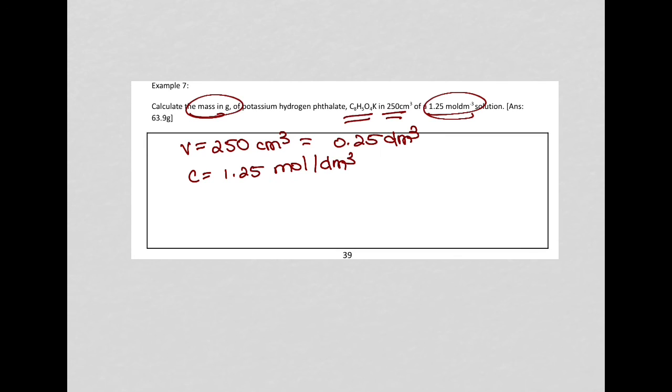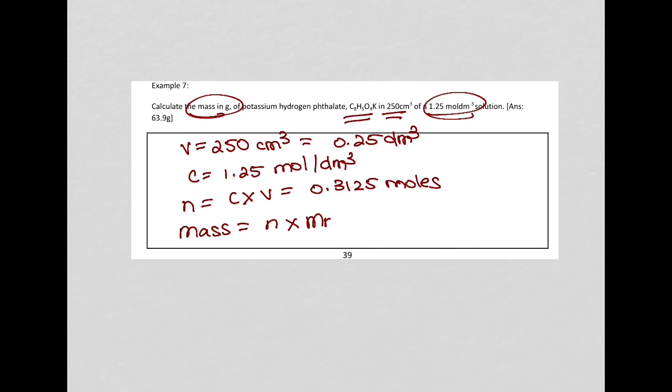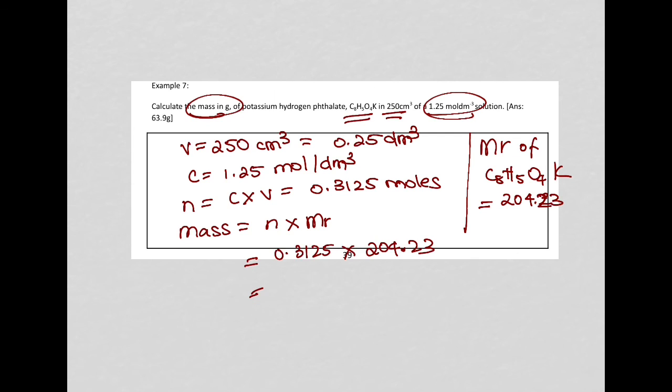From this, you can get number of moles, which is concentration times volume. So that's the number of moles, and hence mass would be number of moles times Mr. So you'll need to find the Mr of potassium hydrogen phthalate. And if you do that correctly, you should get the answer 63.8 or 63.9 grams.